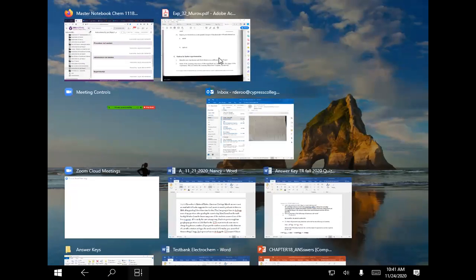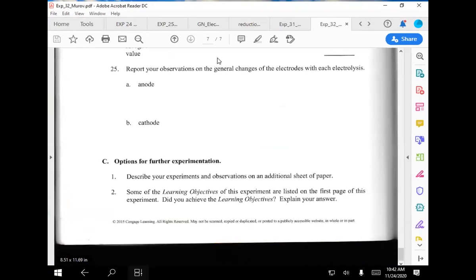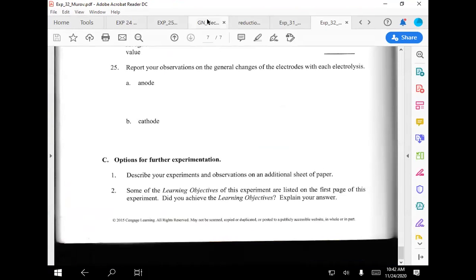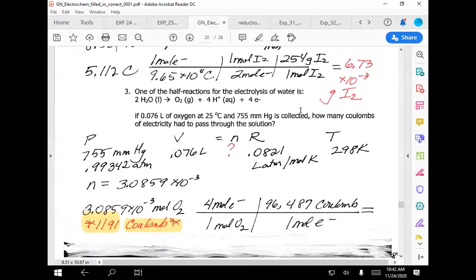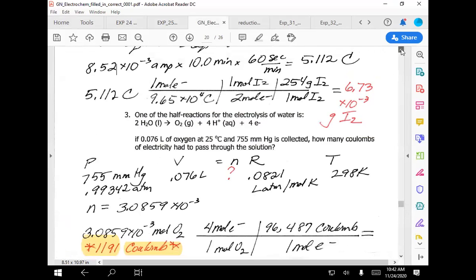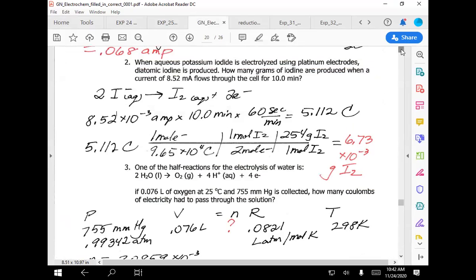Okay, so we do need to finish up the chapter. And so, where were we? Wait, I don't even know where we were. Did we finish this one with the iodide?